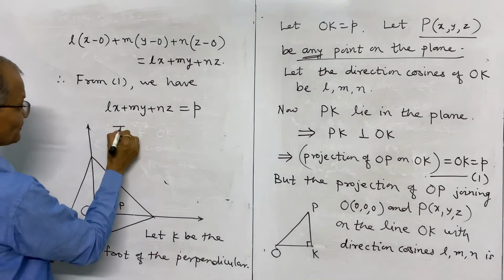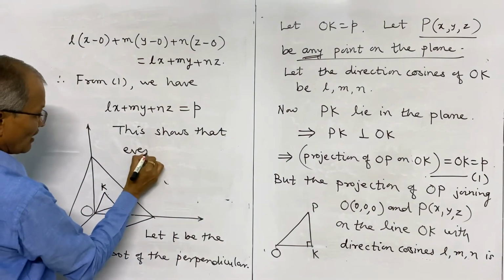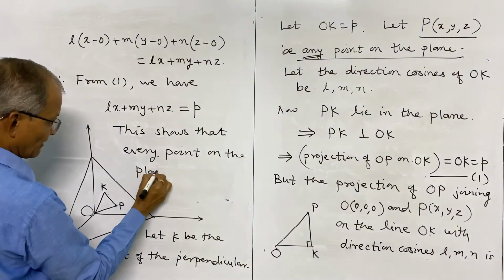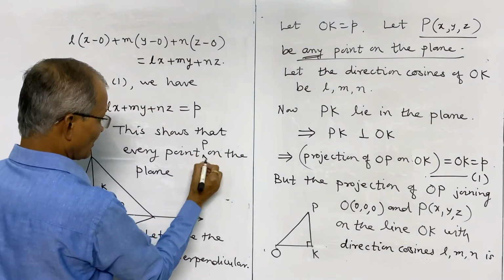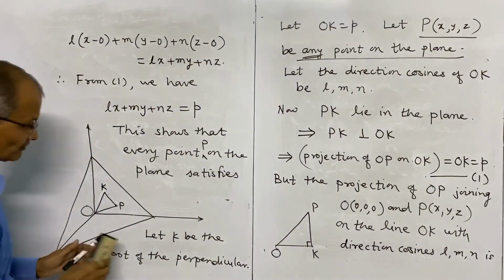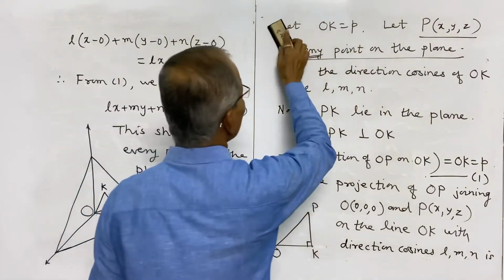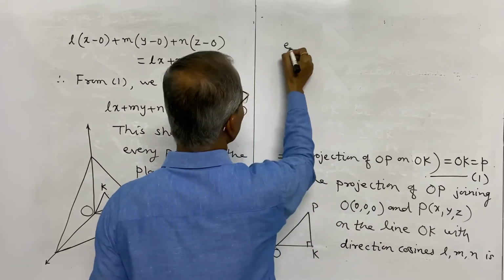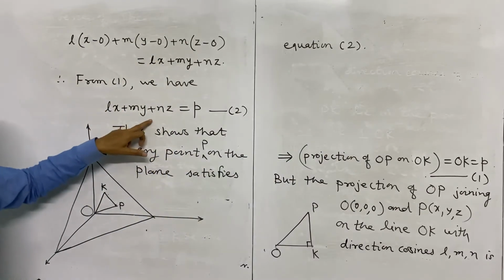So this shows that every point P on this plane satisfies this equation, or equation 2. And therefore equation 2 is the equation of the plane.